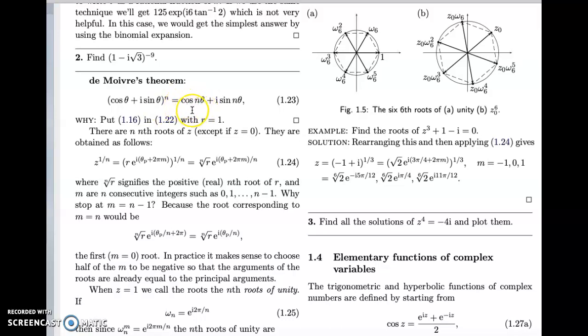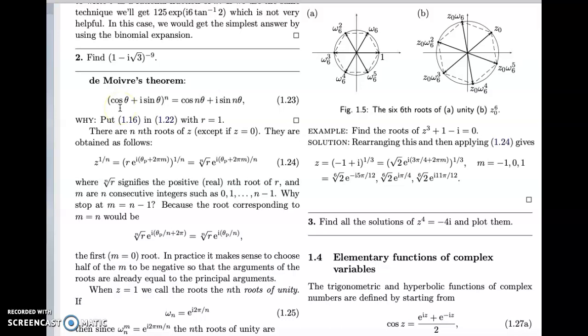So if you want, for example, to know what cos 3 theta is, written as powers of cos and sine theta, then all you do is put n equals 3 into this and take the real part. So then you'll get cos 3 theta, for example, is equal to cos cubed theta.